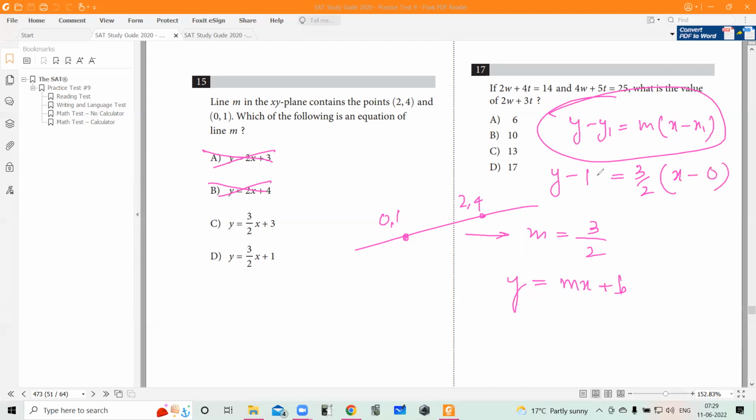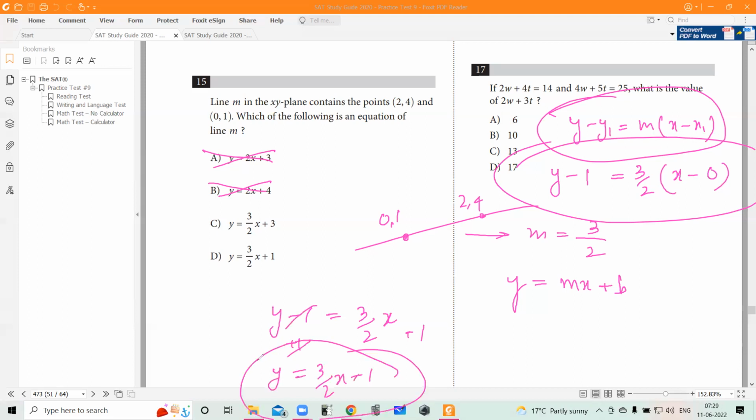We can simplify this: y minus 1 equals 3/2 x, because x minus 0 is x. Now we add 1 to both sides: y equals 3/2 x plus 1. So which option? D.